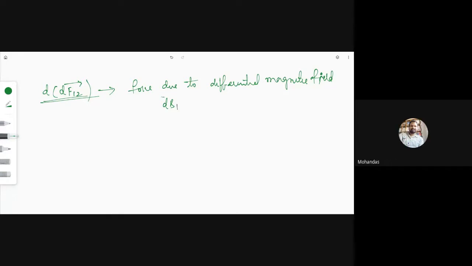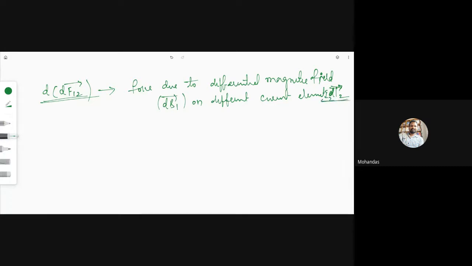dB1. Very good. Force due to differential magnetic field dB1 on which conductor? Differential current element, DL1 or DL2? DL2. Which is carrying a differential current element I2 into DL2.